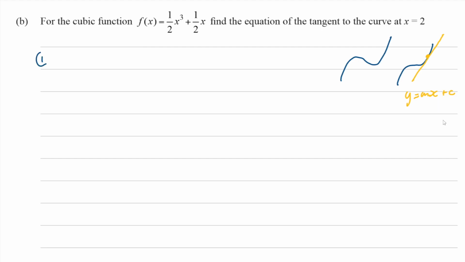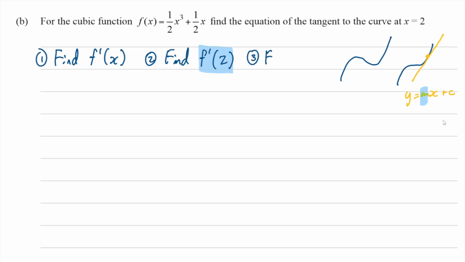So step 1 would be to find the gradient function f prime of x, and we need the gradient function so that we can then find the gradient when x is 2, because that is the m, right, in our y equals mx plus c. That's the gradient of the tangent line.